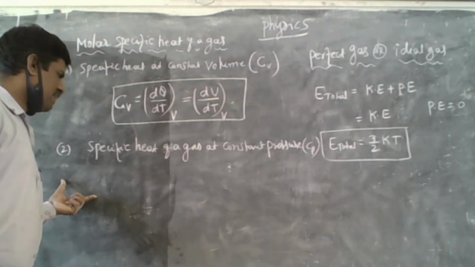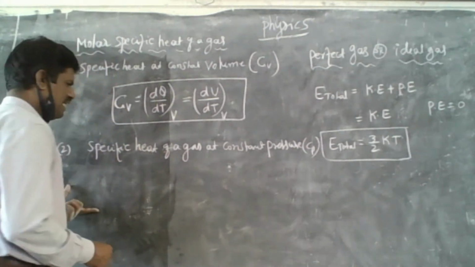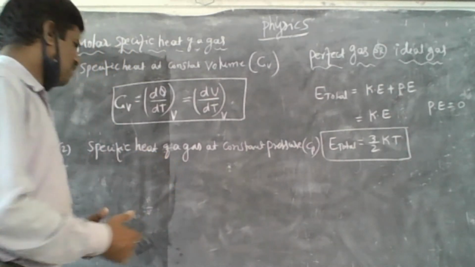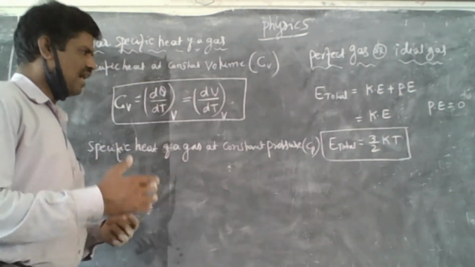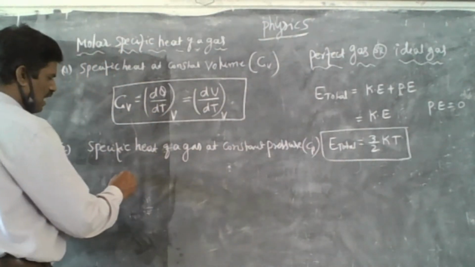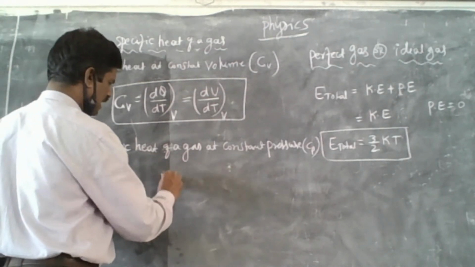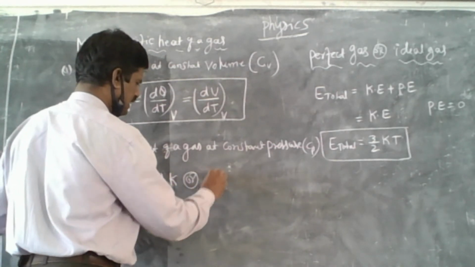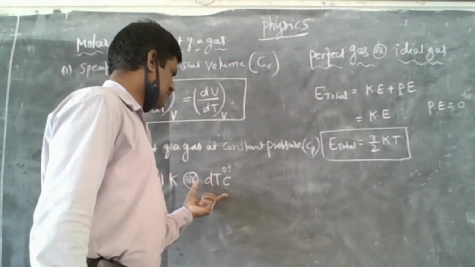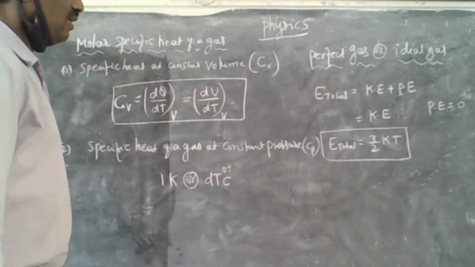Here, the specific heat of a gas at constant pressure is defined as the amount of heat energy required to raise the temperature of a gas by dT degree centigrade or 1 Kelvin, keeping pressure constant.